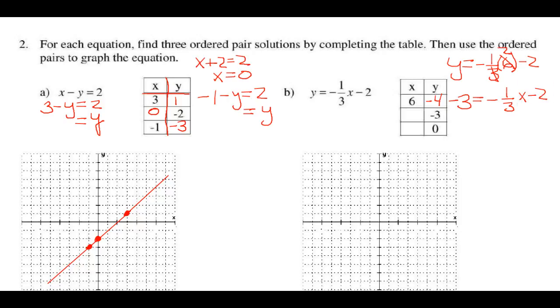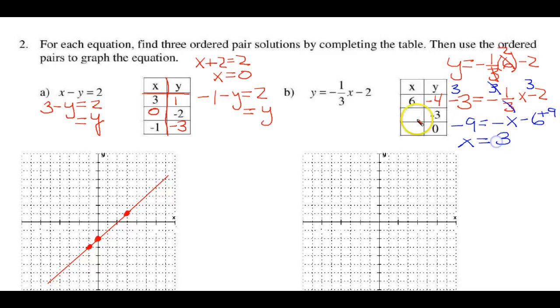Well, here's a case where we would like to get rid of the fractions. So we're going to multiply everything by 3. Here the 3's cancel out. We get a negative 9 equals a negative x, and this is going to be a negative 6. Now we want our x to be positive, so we'll bring the x over to this side. Bring our 9 over to this side as a negative 9 on this side is a positive 9.